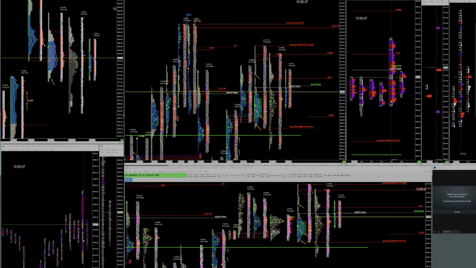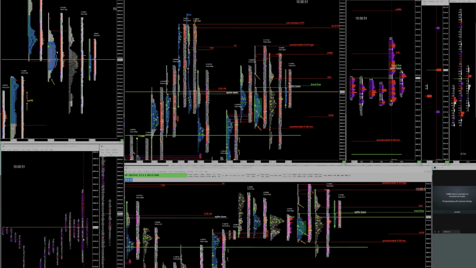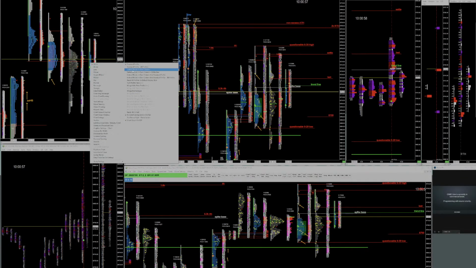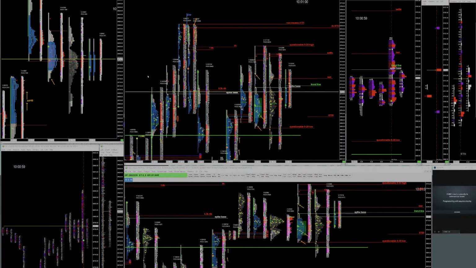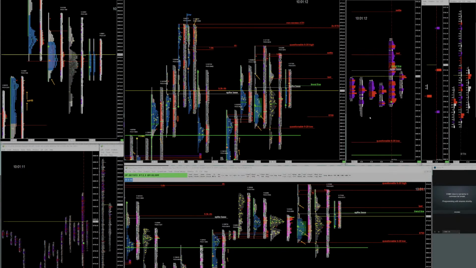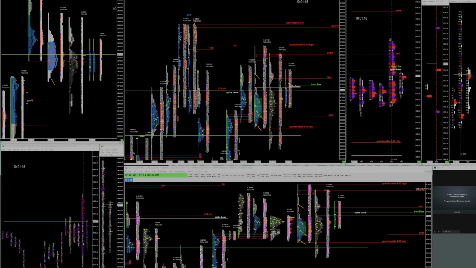Nasdaq is building value lower. Notice this relative to this day and today relative to yesterday. Check out this 6 up here.